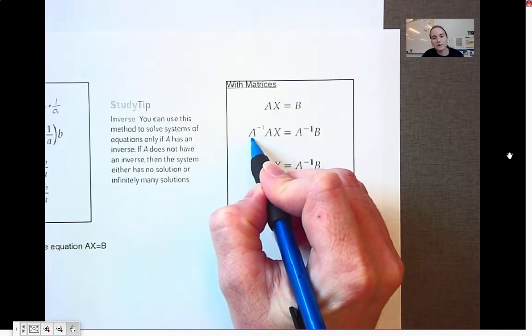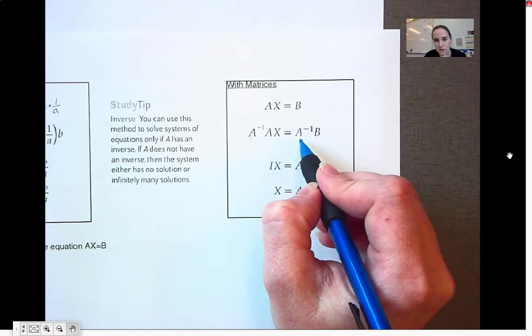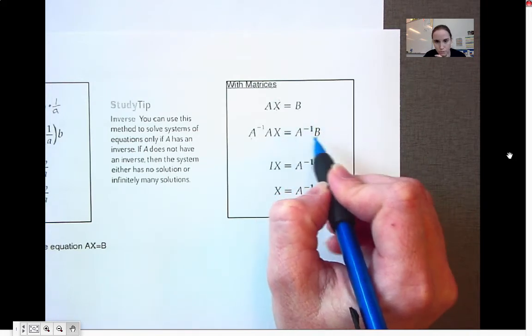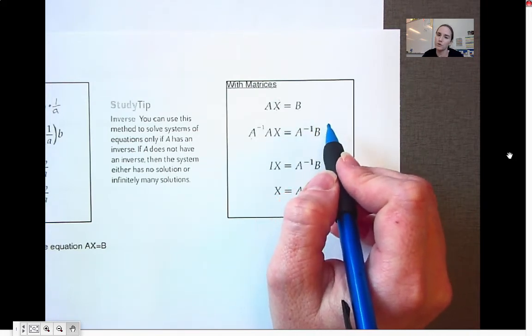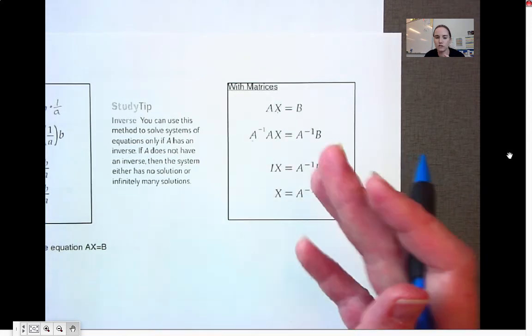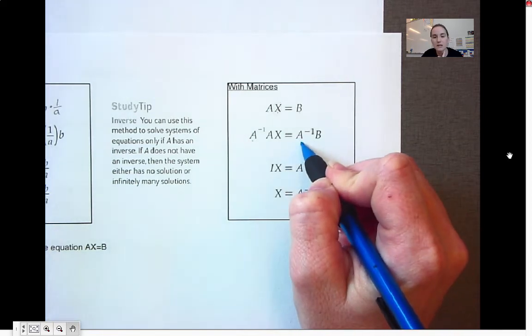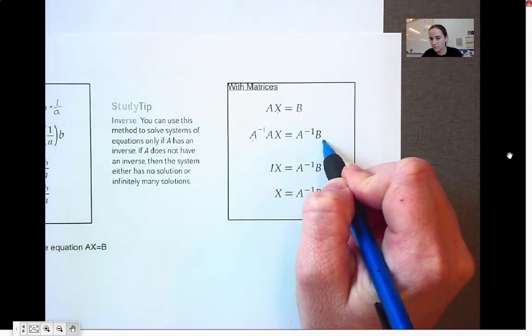The trick here is you always need your inverse matrices to go first when you're multiplying, because remember those rules about you can only multiply matrices if the columns in the first match the rows in the second. So you need to be careful with that. Always do the inverse first, then the other matrix.